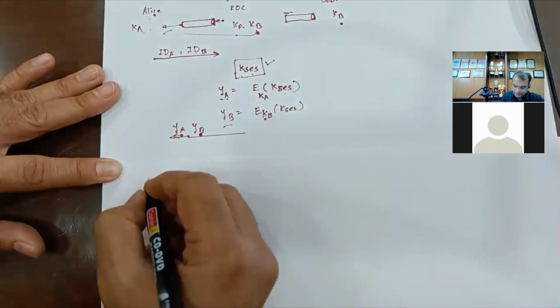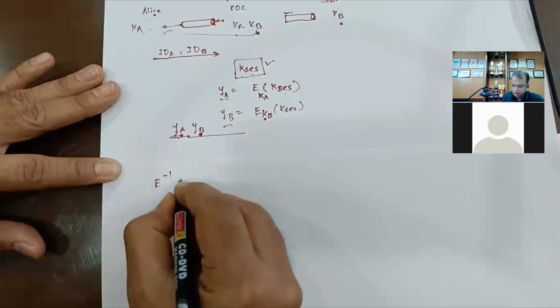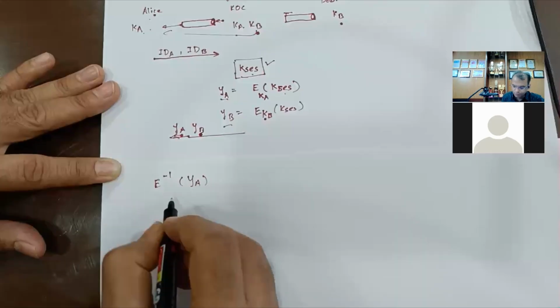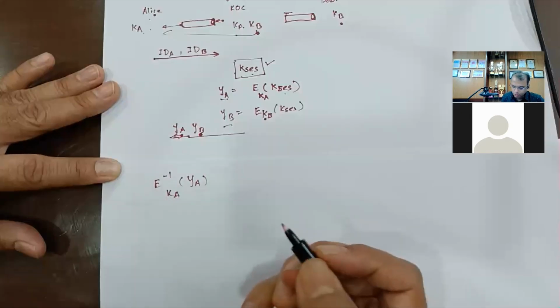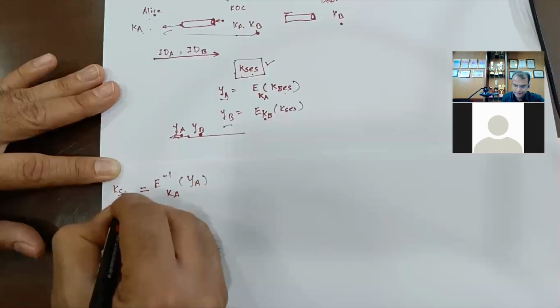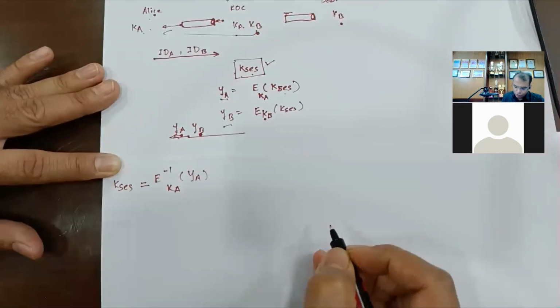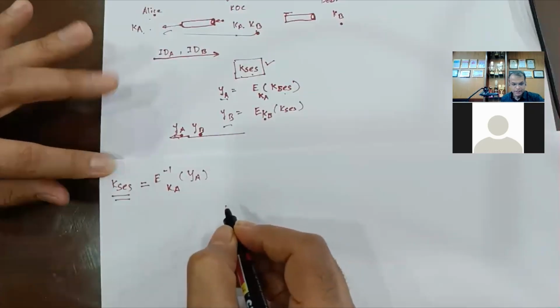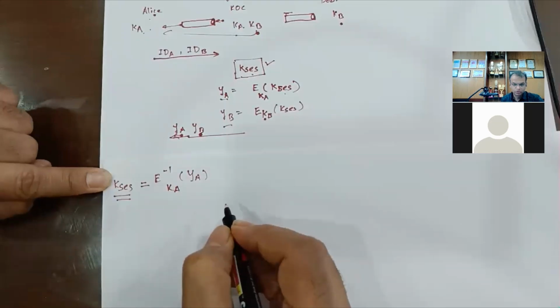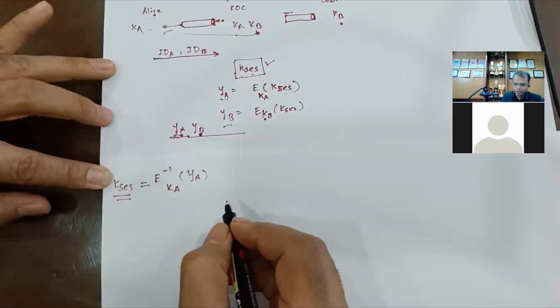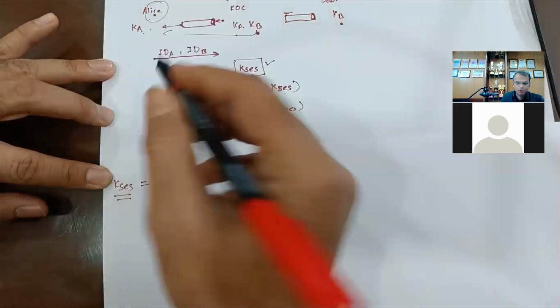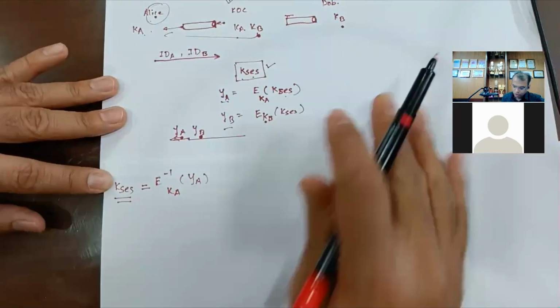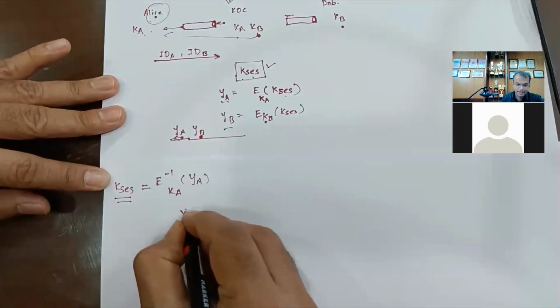What she does is she will decrypt YA. For decrypting YA, she has to apply the inverse on YA using KA. What are you getting? K session key. Now you are only getting the session key right now, you haven't done any encryption on your message. She wants to communicate with Bob, so she has to send some message. Let us say that X is that message.